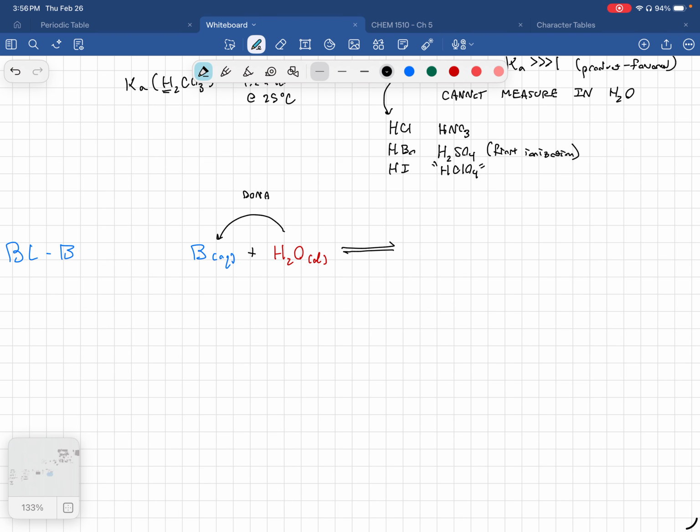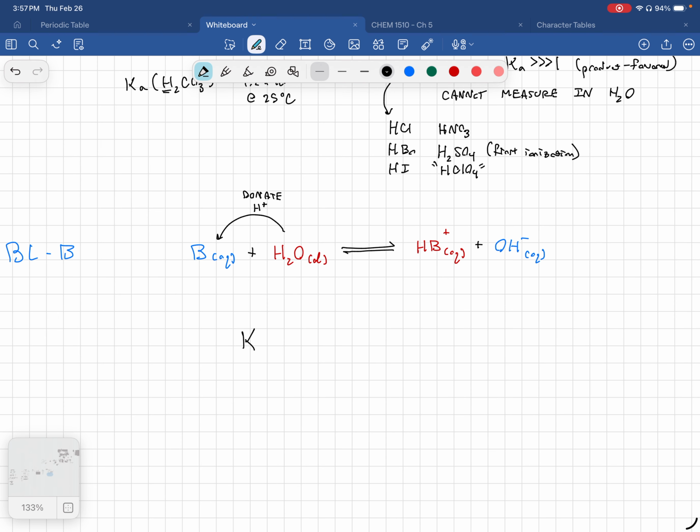Anyway, in this case now, the water is donating the proton to the base. Or you could look at it as the base is accepting the proton from the water. Still an ionization because now the water is what's ionizing, right? That's separating into two ions. And so that leaves behind HB plus and OH minus.